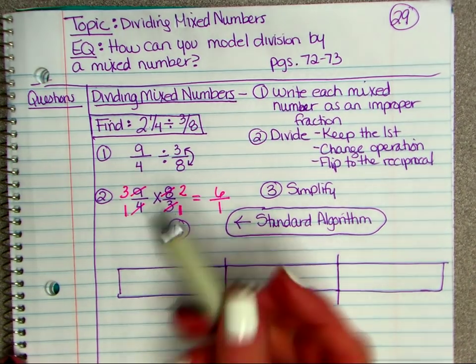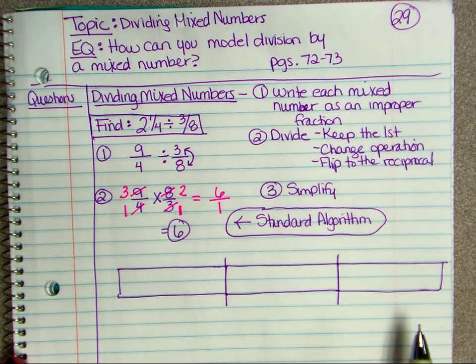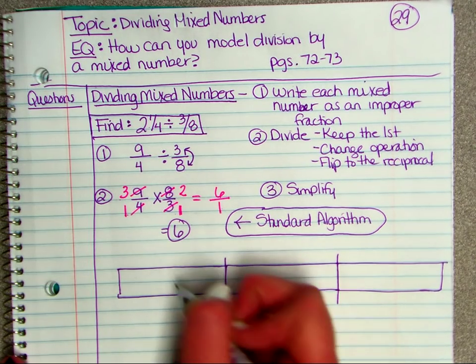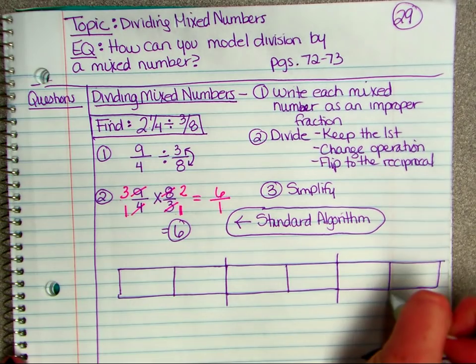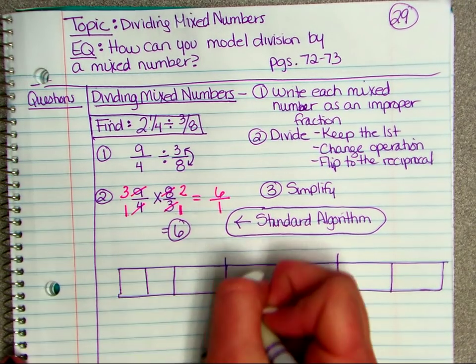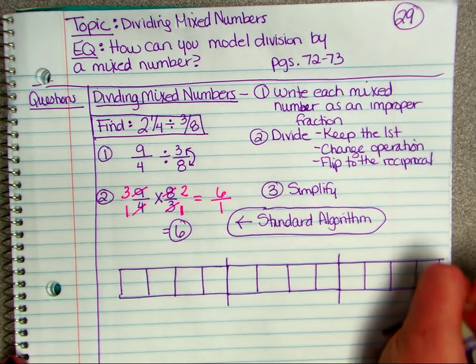Now remember, I'm doing 2 1/4. So what I'm going to do is divide these into 4 so I can show what 2 1/4 would look like. To do that, I'm going to divide them in half. And then I can divide them into halves again. Now each of my wholes is divided into 4.